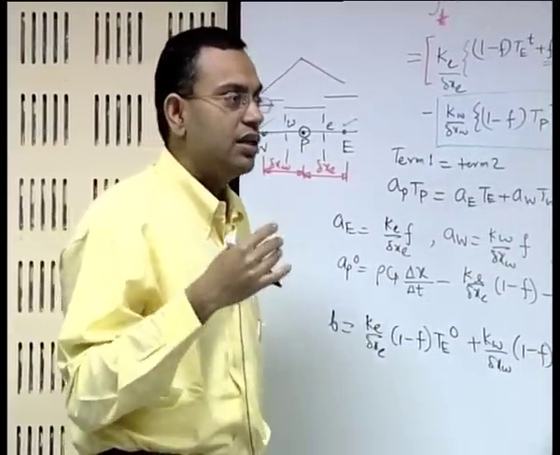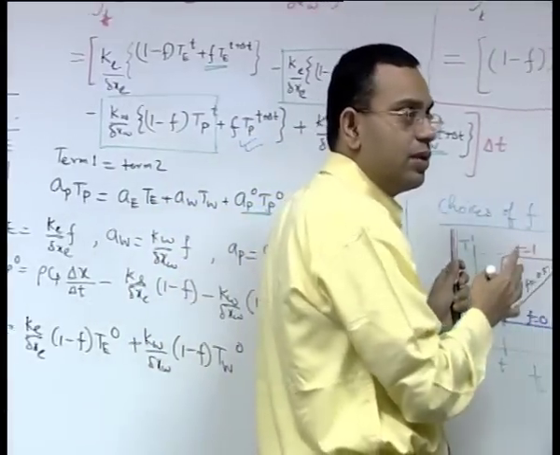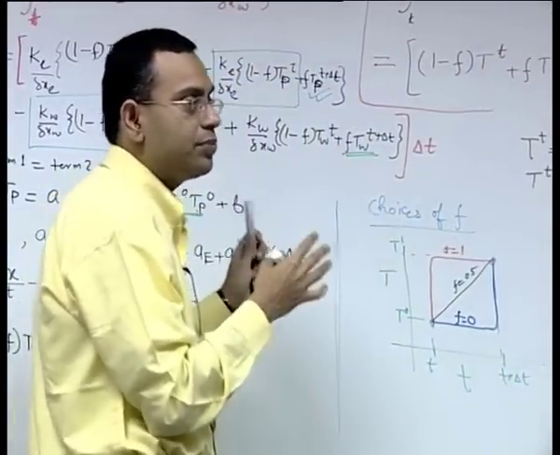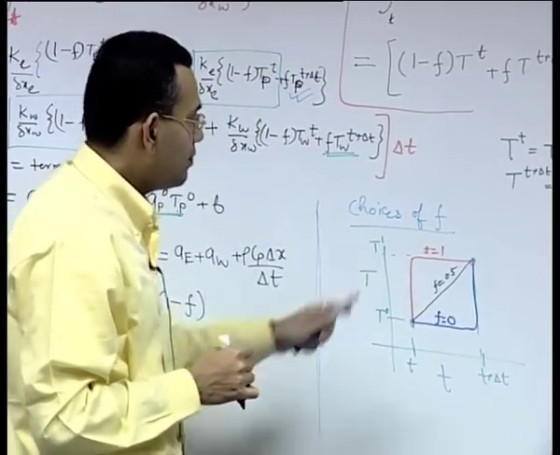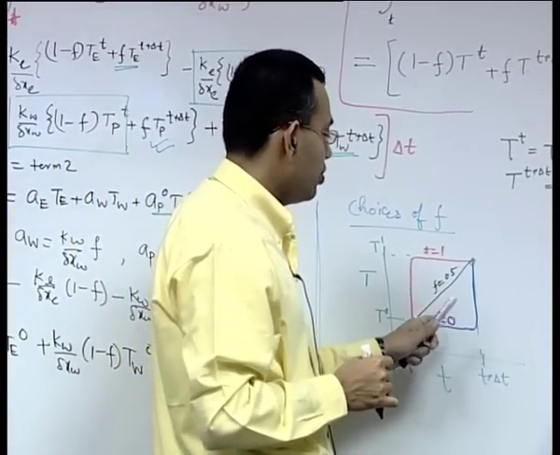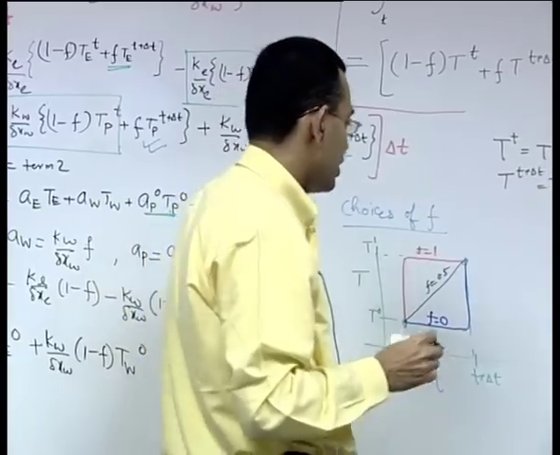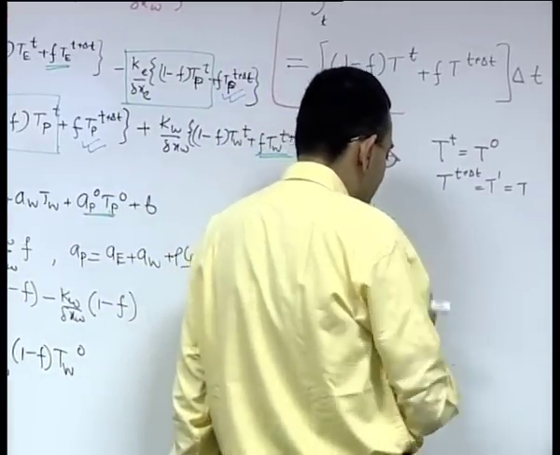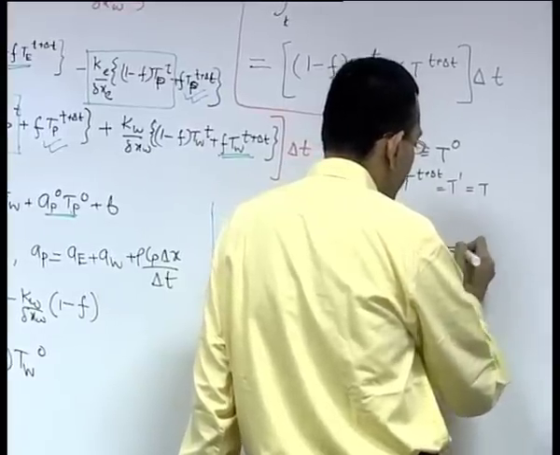It's your headache, but we have to see how to fix it up, or what are the plus and minus points of choosing different values of f. But once you have chosen it, you have to use that particular f for your discretization, and there are different limiting cases that we have identified, and accordingly there are different names of the schemes.